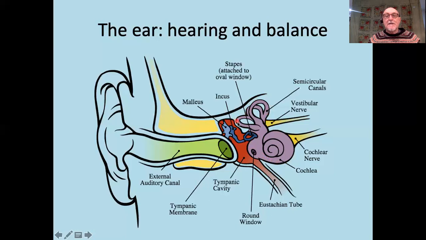The inner ear is very delicate, and it's very protected by a bony covering. It has this very intricate shape. There are two parts to it. The first we'll talk about is this here. It's called the cochlea. Cochlea means a shell, and that's exactly what it looks like. You can see it's this curled structure here.